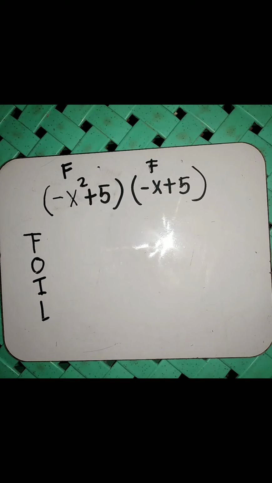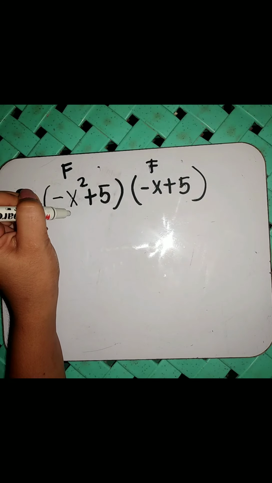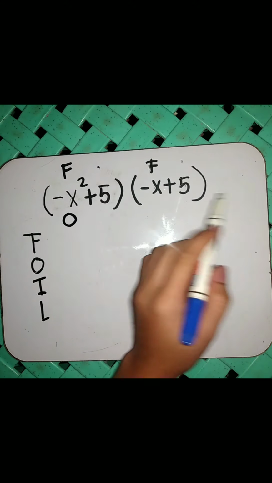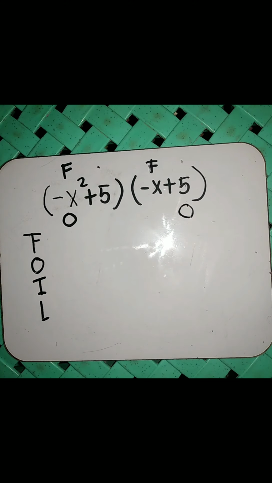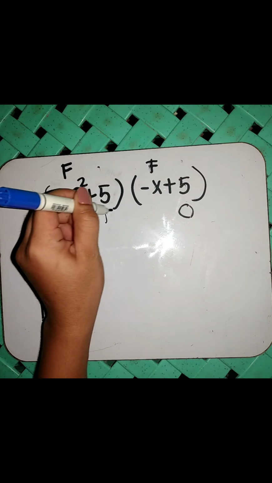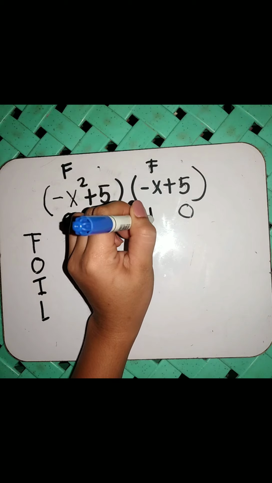The second one is the outside. In this example, the outside terms are the negative x squared and the positive 5. The next one is the inside. The inside terms are the 5 and the negative x.